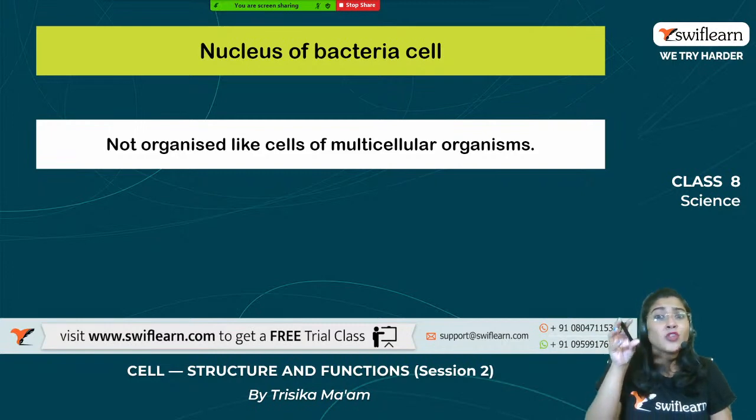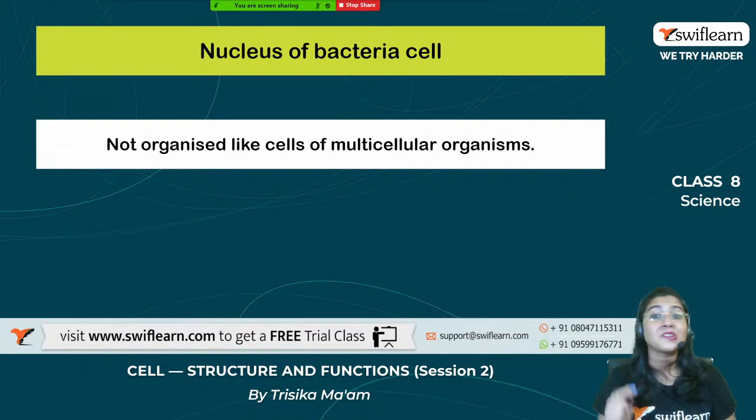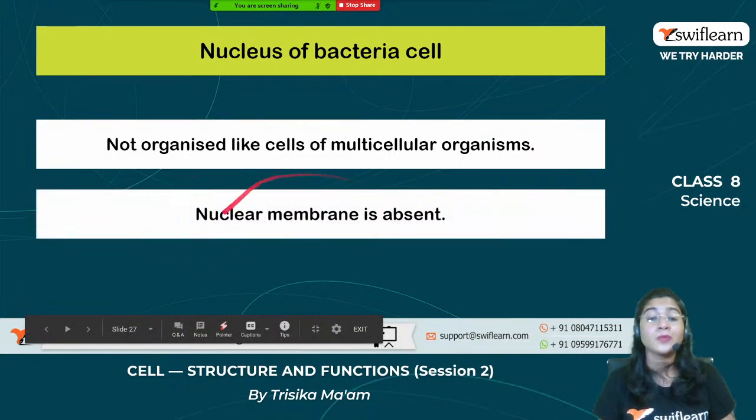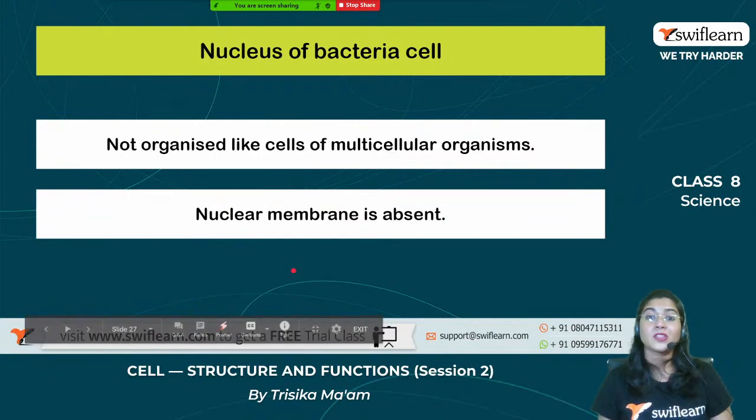So a distinct true nucleus is there in certain cells, but it is not present in all cells. There are certain cells where the nucleus is not organized in a proper way and the nuclear membrane is absent. This type of cell we call the prokaryotic cell.